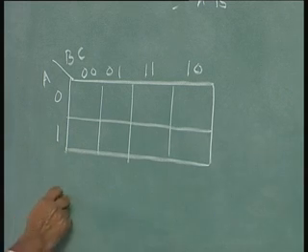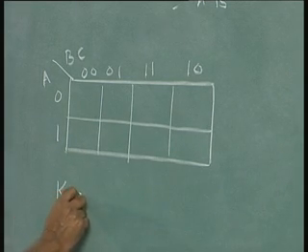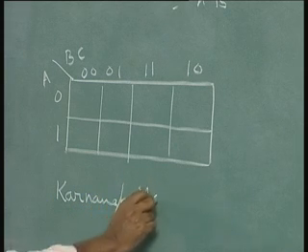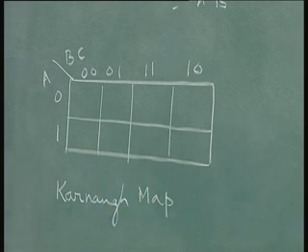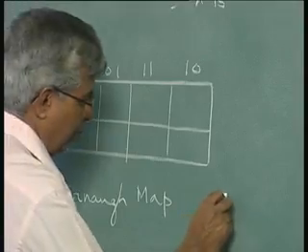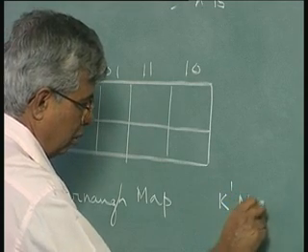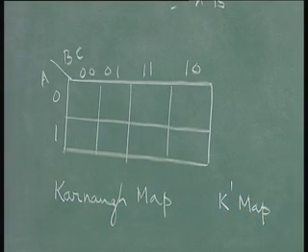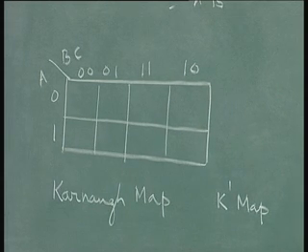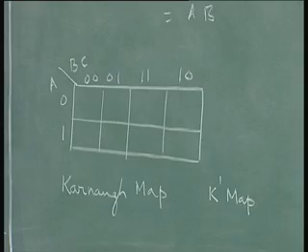This map is also called a Karnaugh map, after the name of the person who probably invented this. They simply call it K map. You will see this K map or Karnaugh maps mentioned in textbooks.